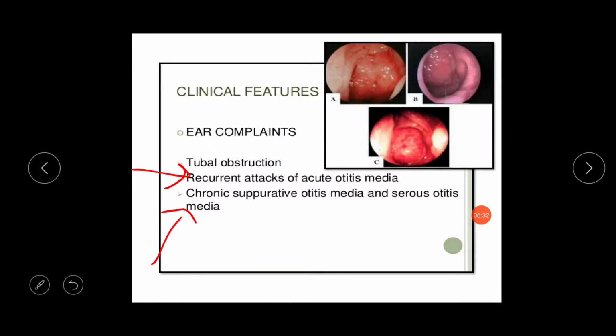Chronic suppurative otitis media and serous otitis media with effusion can develop in a chronic case of adenoid enlargement due to eustachian tube obstruction. So any patient, more commonly children, with recurrent SOM and recurrent CSOM should be evaluated for eustachian tube obstruction due to adenoid enlargement.